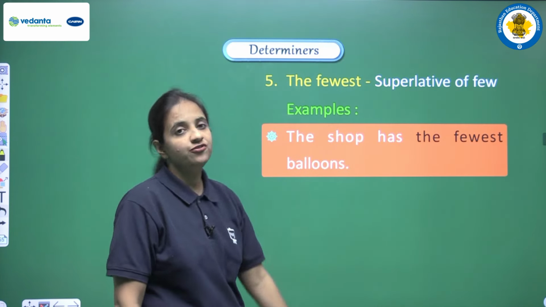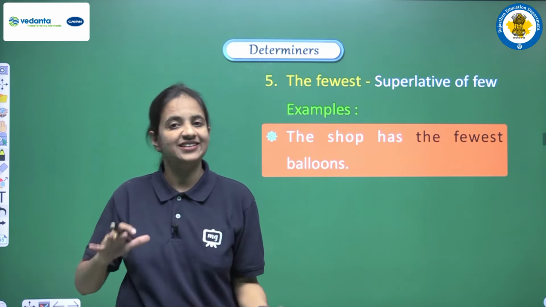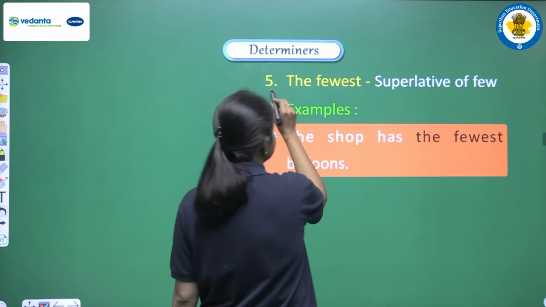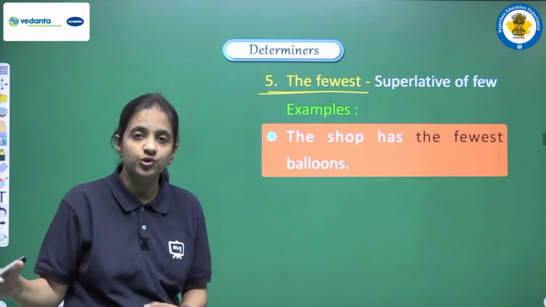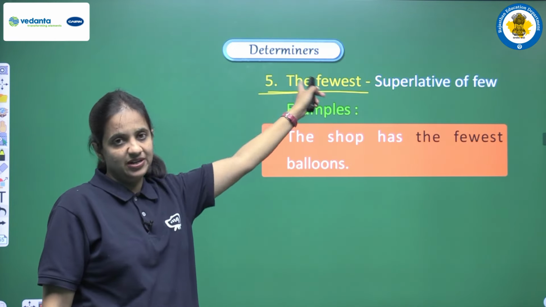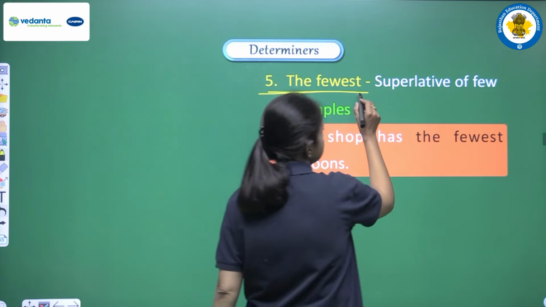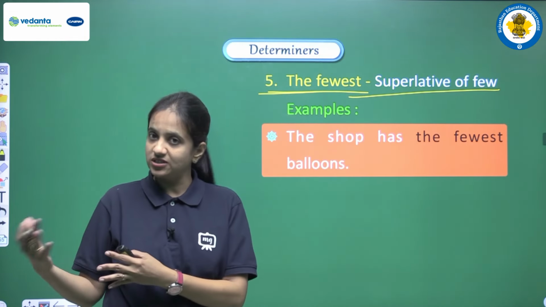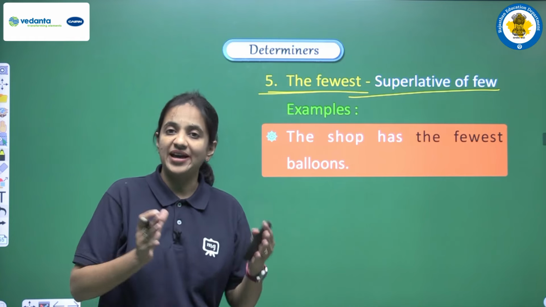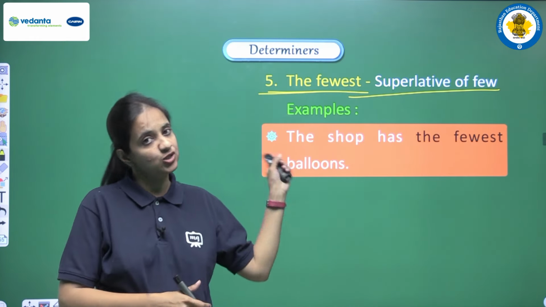Next determiner of this list, this category, this group that we are having is the fewest, and this is the last determiner of this group of few. So yes, this is the superlative form of few, okay. Few is the positive form, fewer is the comparative form, and fewest is the superlative form.